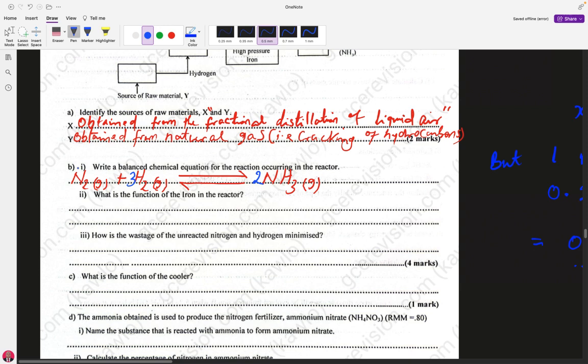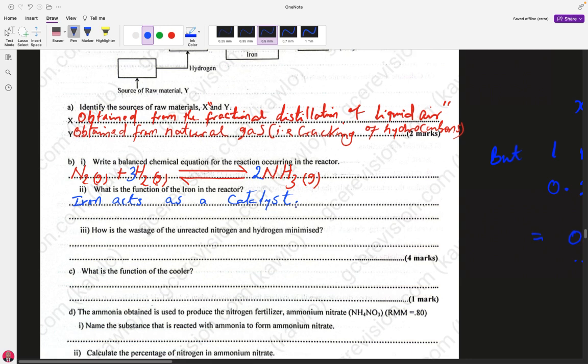Just say act as a catalyst. Finish. Iron is acting as a catalyst.